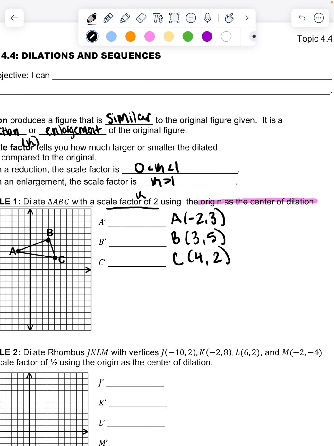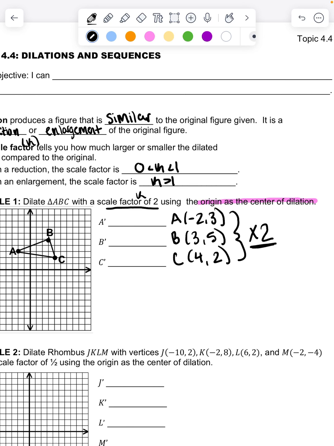All right? Since the origin is the center, we can take all of these original points and multiply them by the scale factor, which is 2 in our example. We're going to multiply the x value and the y value. Our original point A was at -2, 3.